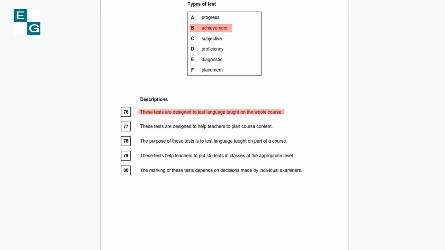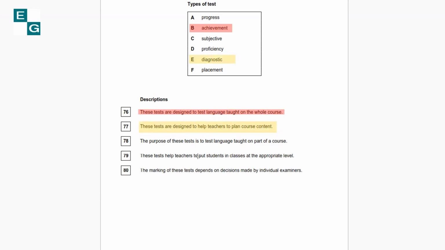Then we have: these tests are designed to help teachers to plan course content. So if you have this kind of test, you can call it a diagnostic test. Diagnostic tests help me plan what to teach and what not to teach.